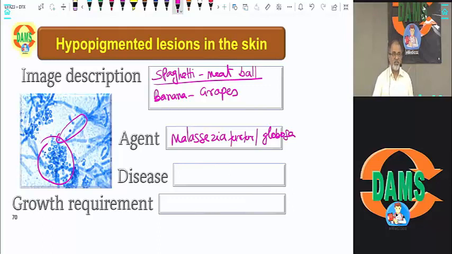Tinea versicolor. And it is called lipophilic fungi. Why? It loves oil, olive oil.